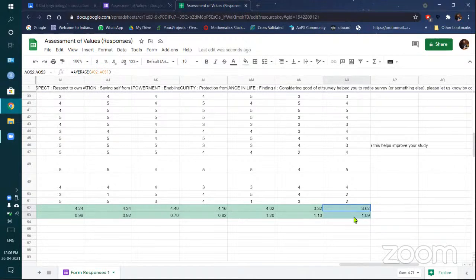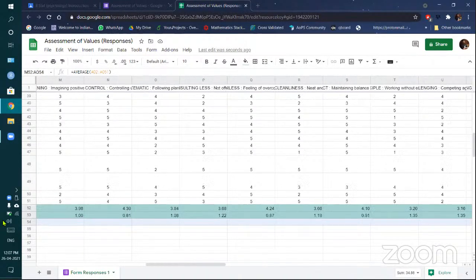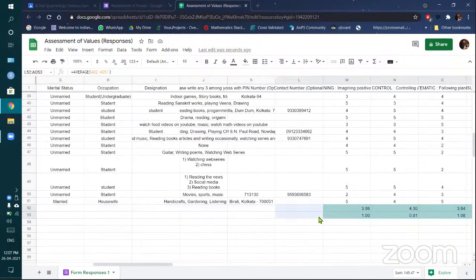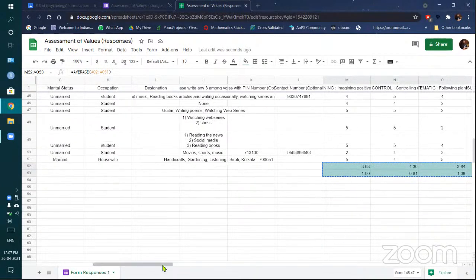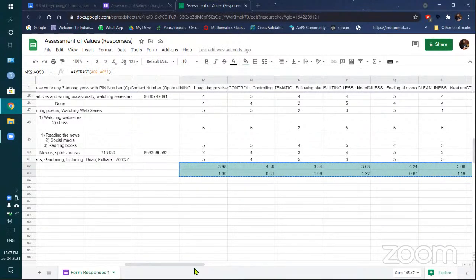Control C. Sir, should I select these two lines, mean and SD? Yes, select. Then copy.